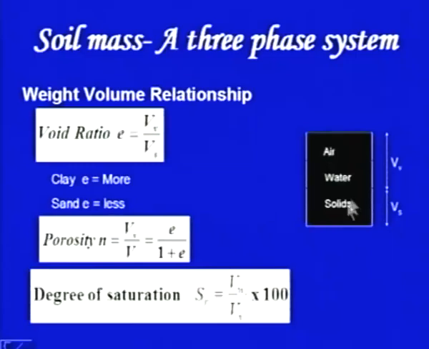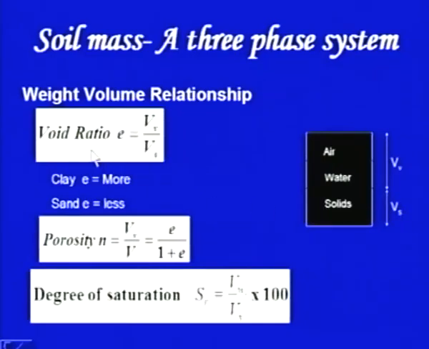They are all intermingled with each other. Every soil mass will have a certain amount of air, water, and solids. In terms of volumes, air plus water is called total voids, Vv. Vv stands for volume of voids, and volume of solids is represented by Vs.